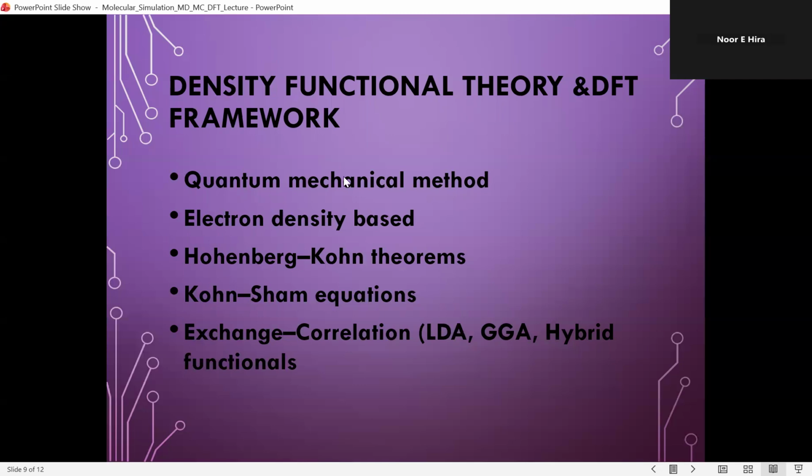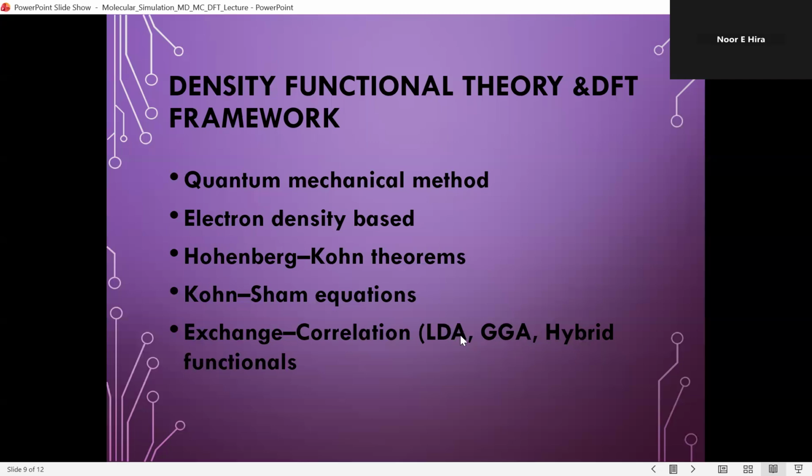While we will be doing tutorials for DFT, you will understand how important the exchange-correlation functional is. It includes the local density approximation, called LDA, the generalized gradient approximation, GGA for short, and hybrid functionals.